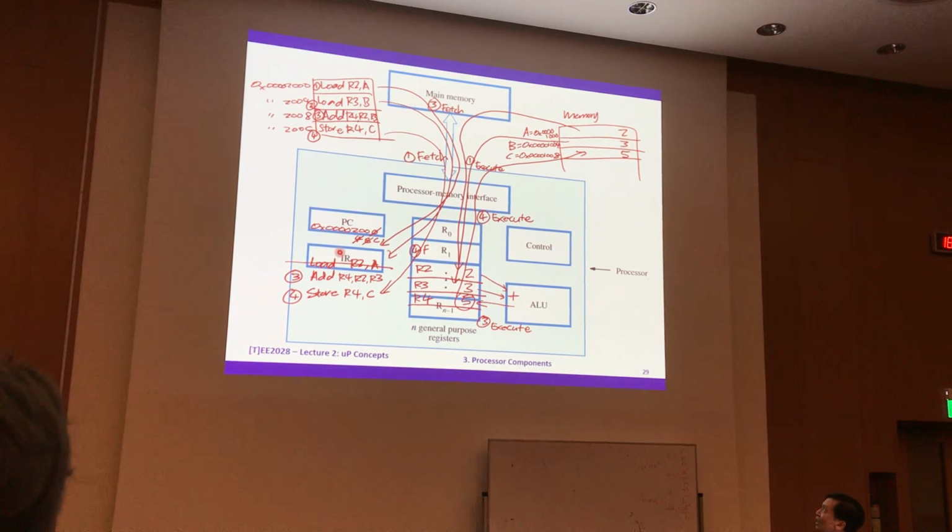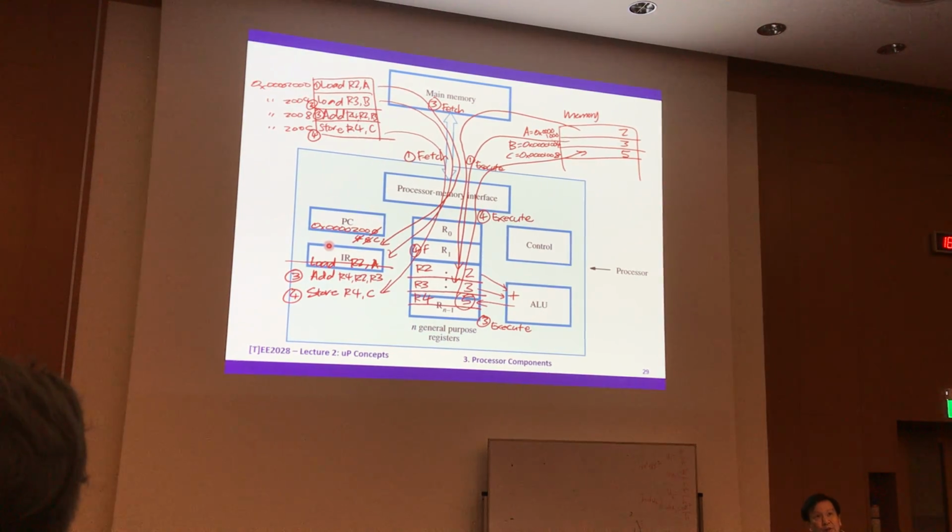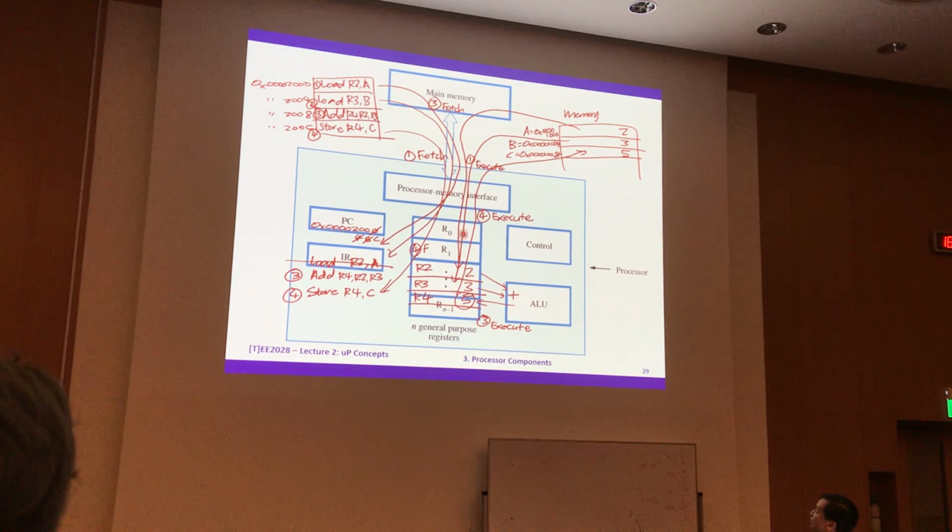Okay, so the load R2, A comes inside here. And then after that, you have the execute part. So the number one execute is actually what you're supposed to do. You're supposed to load the value A into R2. So when you execute the first instruction, it causes this value here to be copied into here, right?